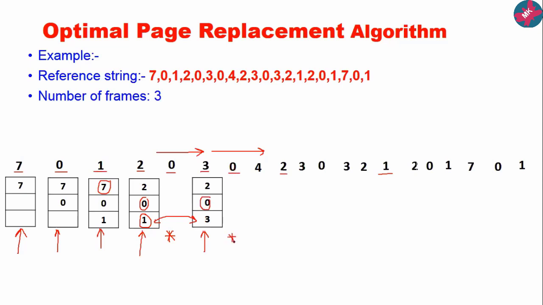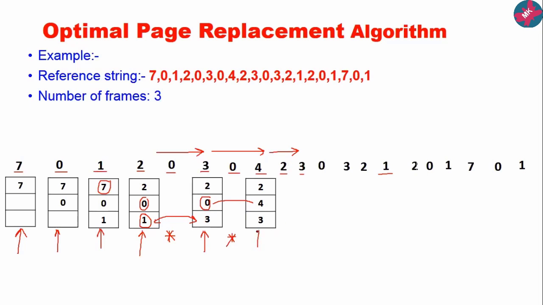Now consider 4. So 2 is going to be required in the future. Then 3 is also going to be required, right? So I will replace the 0 with 4, right? So observe here 0 is replaced by 4. Now consider next, it is 2. So 2 is present in main memory.